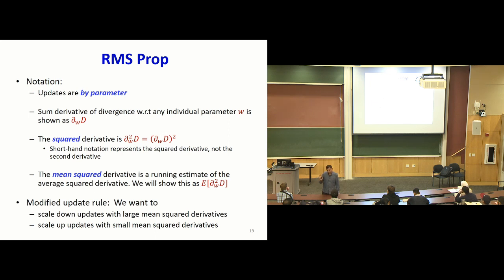I need some shorthand. This is bad shorthand, but just keep this in mind, right? And when I write an expectation, I'm just going to put an E outside, which is the expected value. So in this case, it's the expected value of the squared derivative, okay?